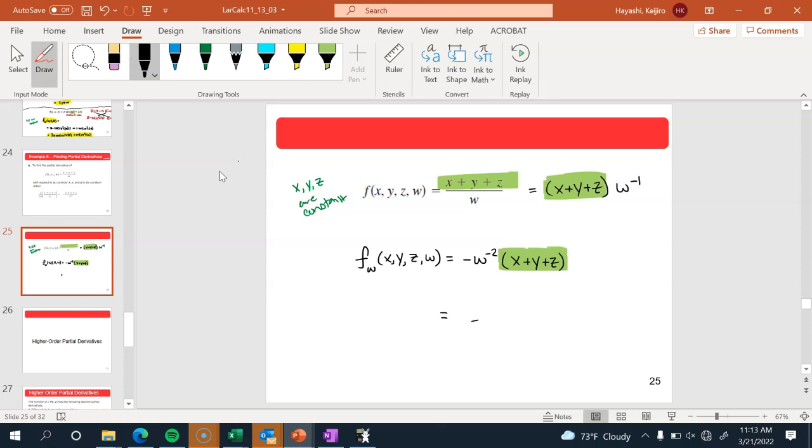If you wanted to rewrite it, you could send that w to the -2 to the bottom as w squared, while the x plus y plus z stays on the top. So yeah, just literally ignore part of what you're seeing.